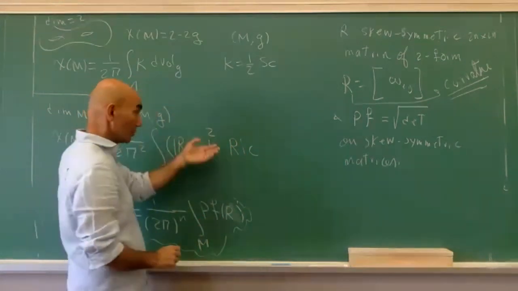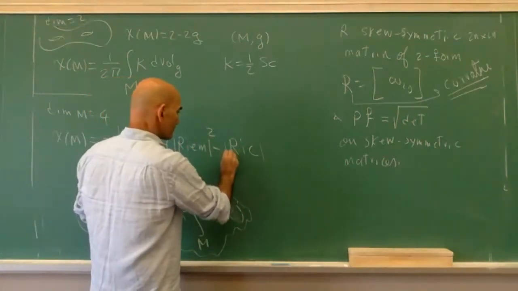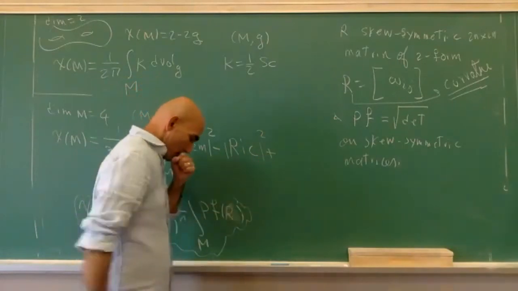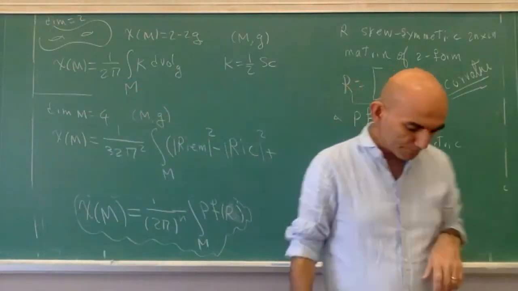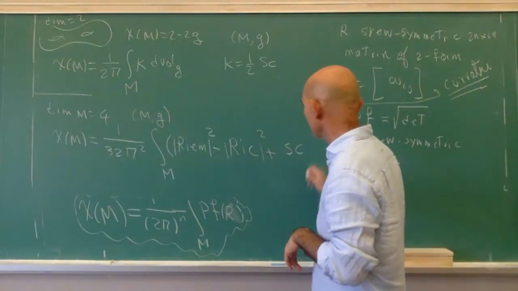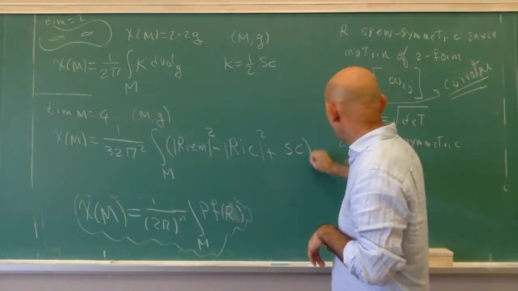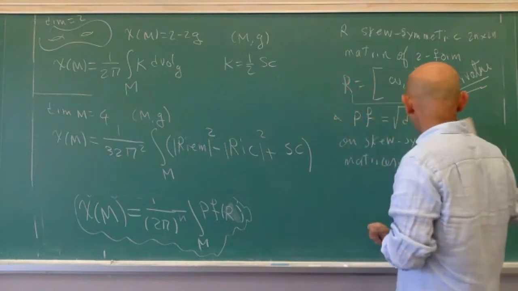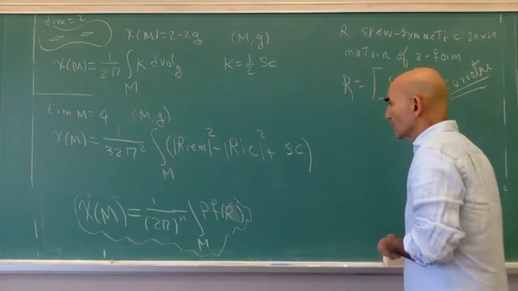Again, you have to compute its norm. And then we have scalar curvature, SC. And then times the volume 4-form, which we need anyhow to get a form.